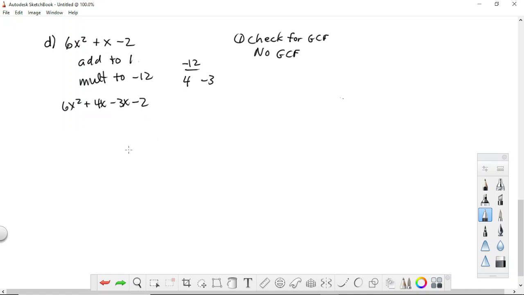Okay, so we're going to draw our boxes around this. And what's our GCF here? It looks like it would be 2x, right? You can take 2x out of both of those. And our GCF here is going to be just negative 1, right? That's it.